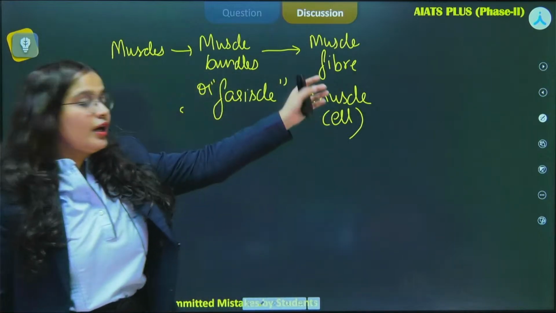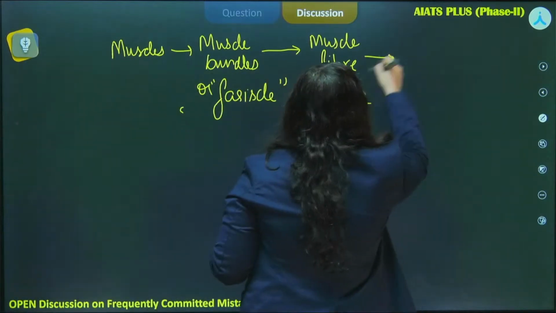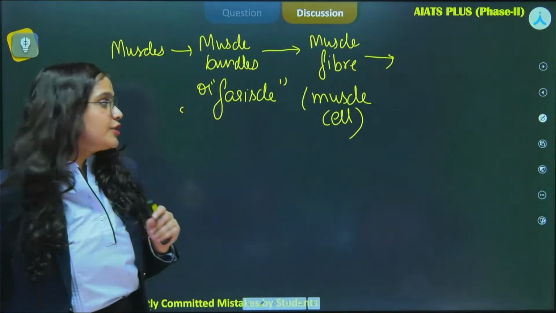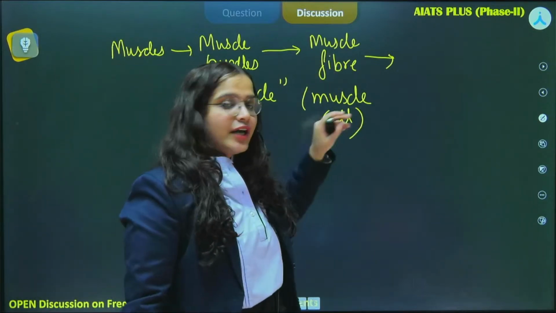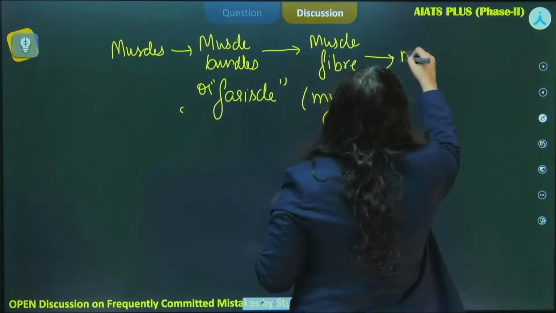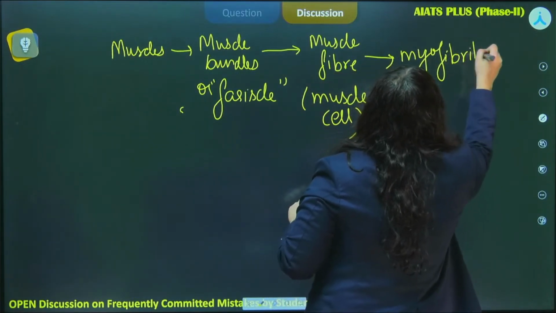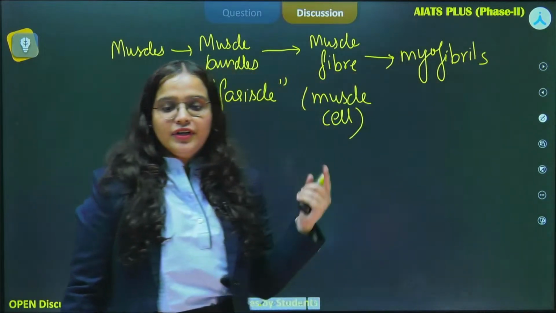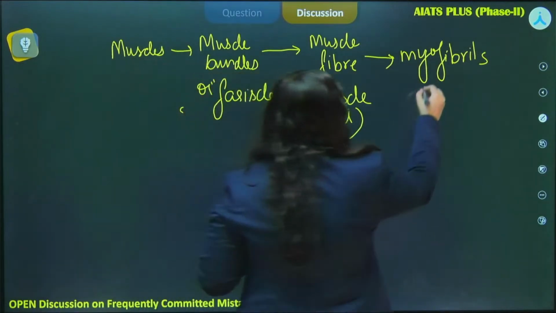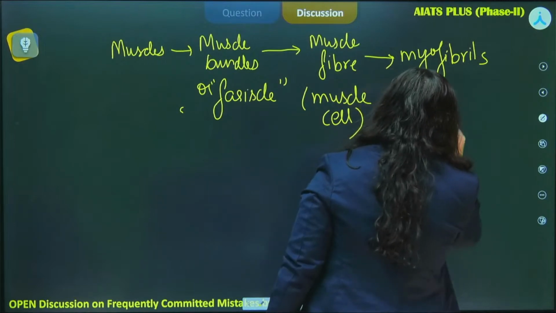Further, if we again zoom in more deeper into the structure, then muscle fibers are said to be made up of myofibrils, and myofibrils are further made up of myofilaments.